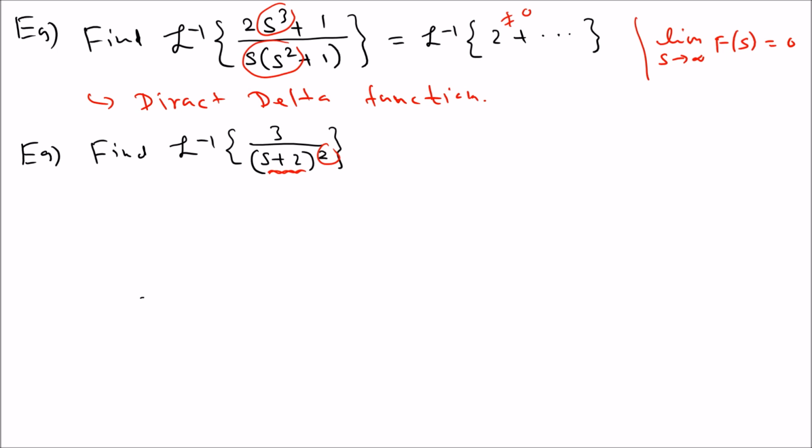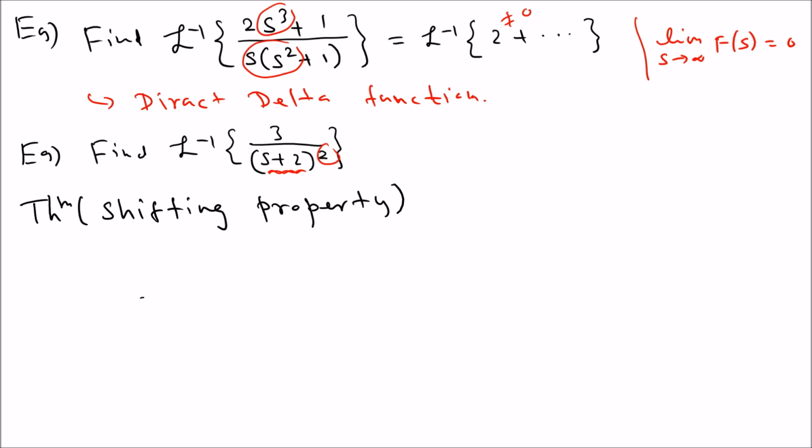So I'm going to give you that as a theorem, what we call the shifting property. We talked about this earlier, but this is the kind of time that we can use it.